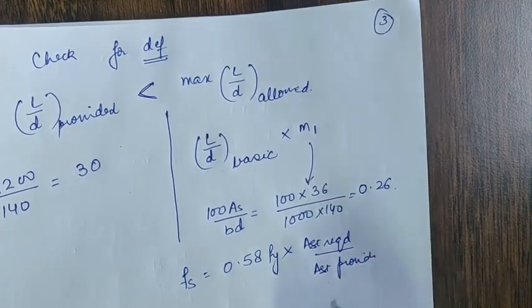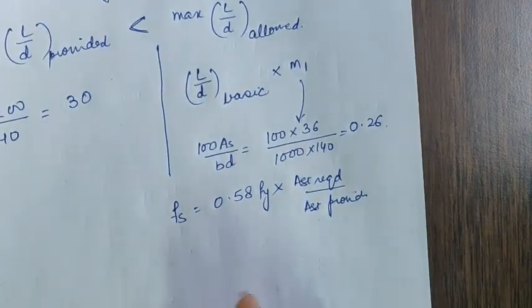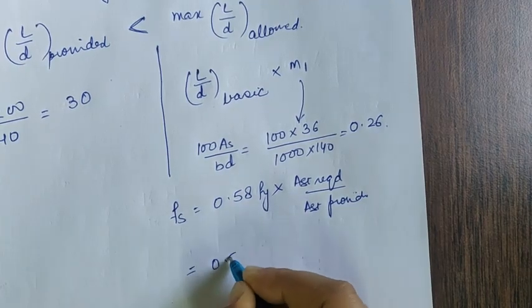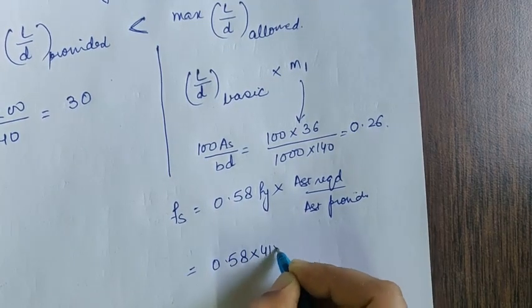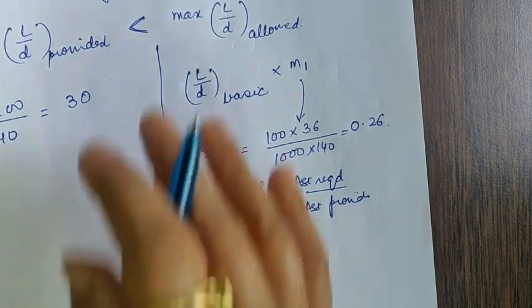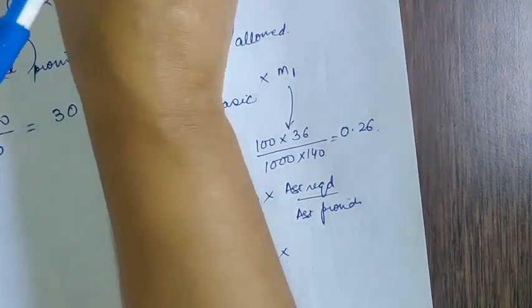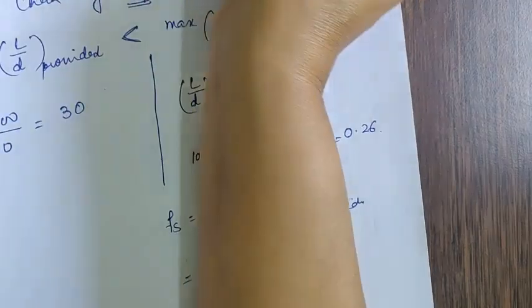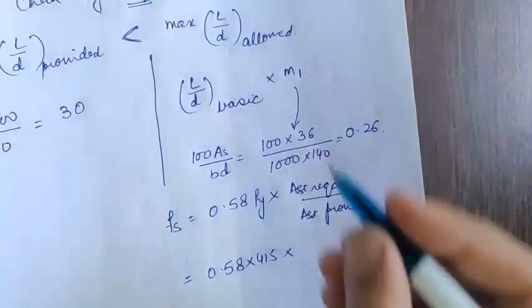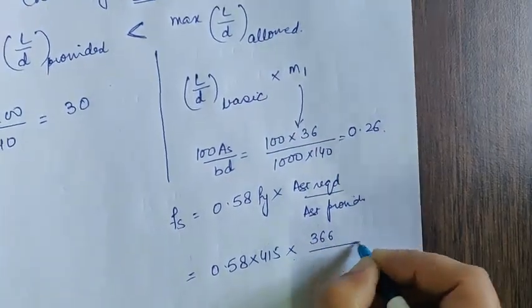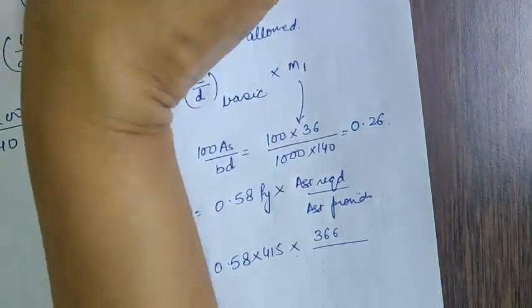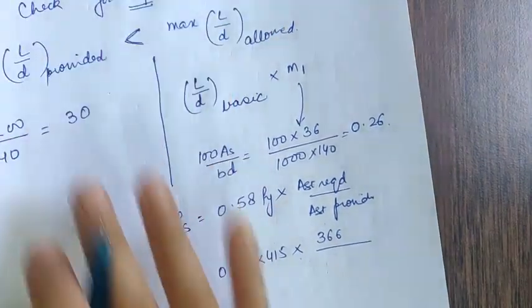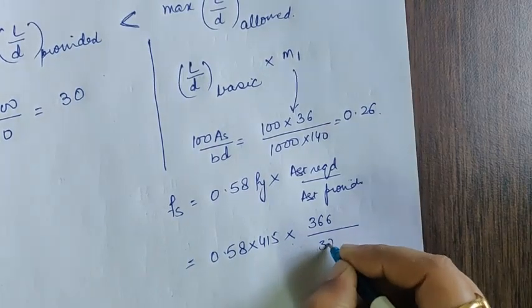I hope you remember it. You have done this particular check a number of times now. So this is 0.58 into 415. Ast required for the main steel was 366 and Ast provided was 370.